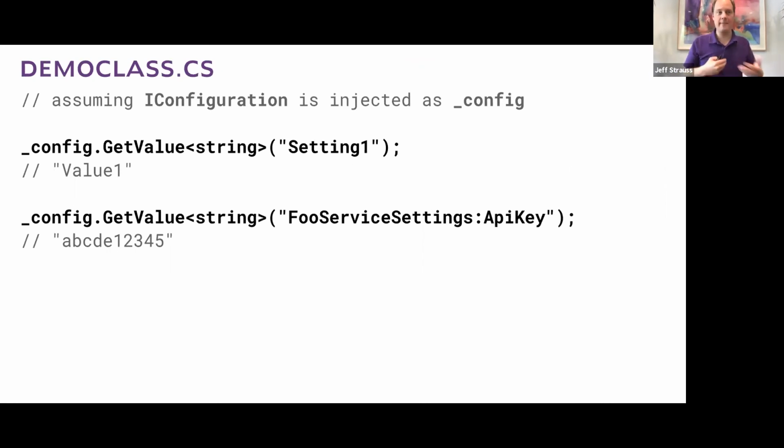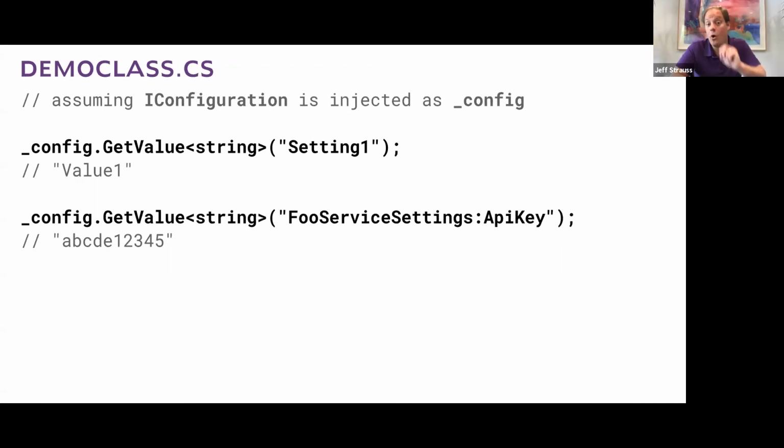It's registered, and I'm able to access it and inject it. So let's assume for a moment I'm in some class where IConfiguration has been injected, and I have access. Well, I can call a typed generic method, GetValue, and I can say setting one. Remember from the very first appsettings.json file, there was that one-off setting one and value one. I can call GetValue, say I expect a string back, give the name, and I'm going to get value one back.